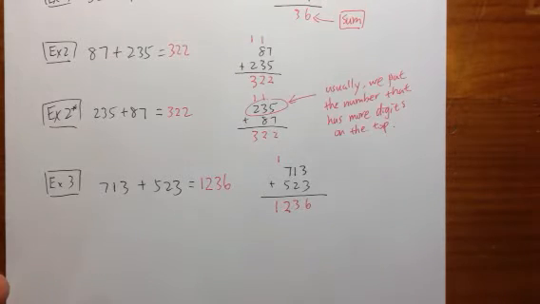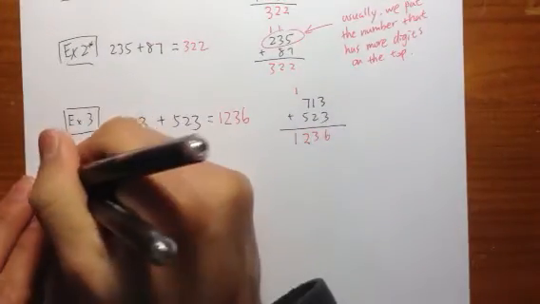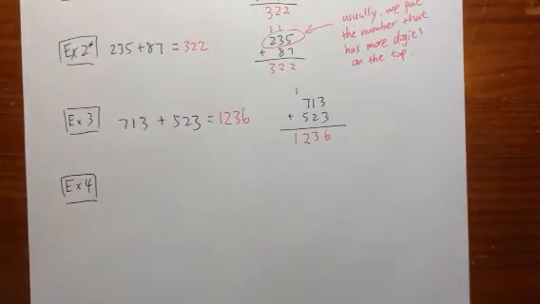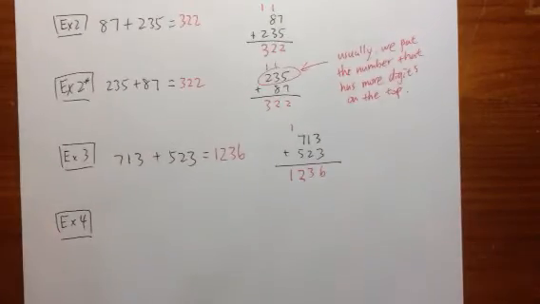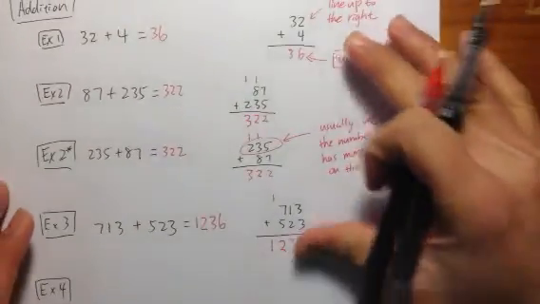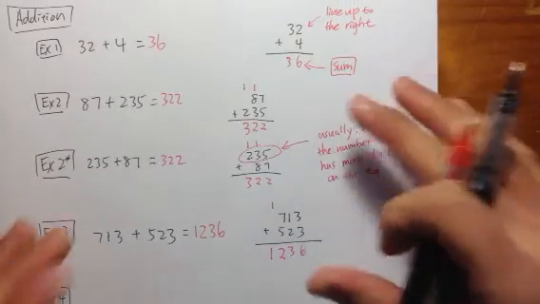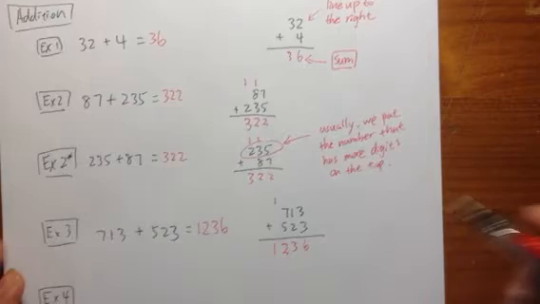Okay? And maybe one more? Sure. Example number 4. So it's really a matter of getting used to how to do the scratch work again. So try not to use a calculator. Try really just putting down what you need to do and then work this out, right?